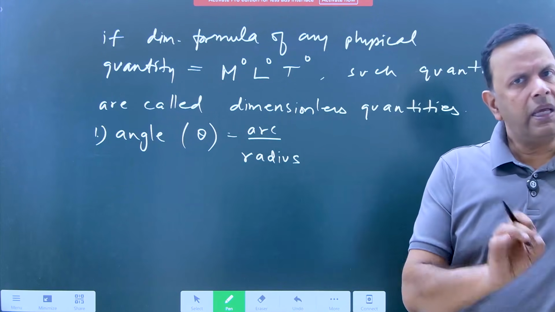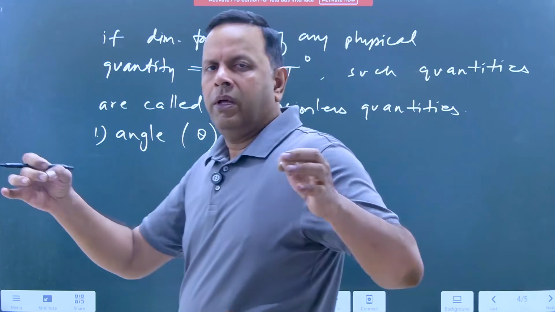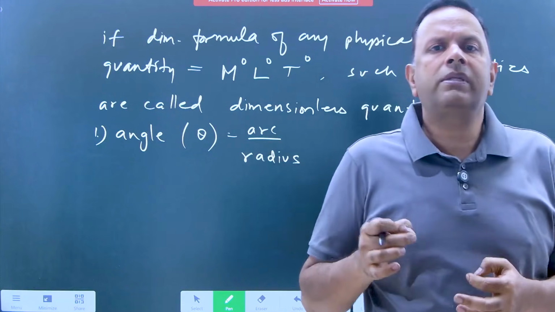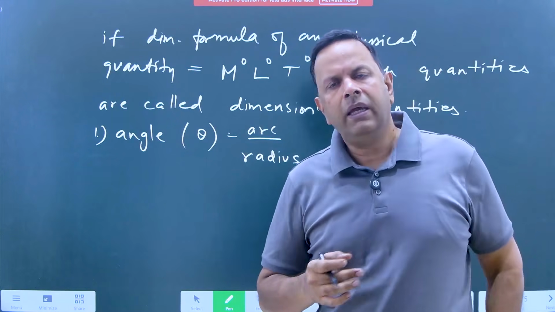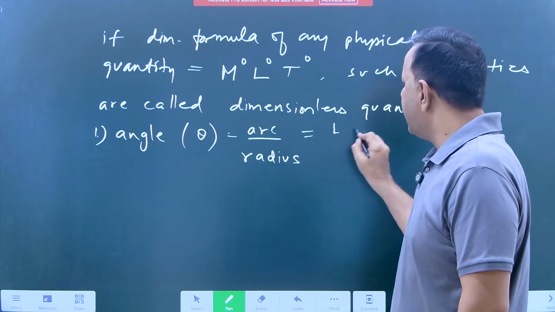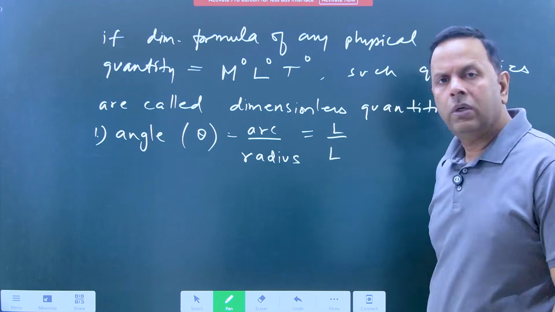Whether it's a radius, side, or perpendicular, whatever physical nature is expressed in terms of a distance, we will be taking it as L. Now see, arc is itself a length, right? And radius is also a length.